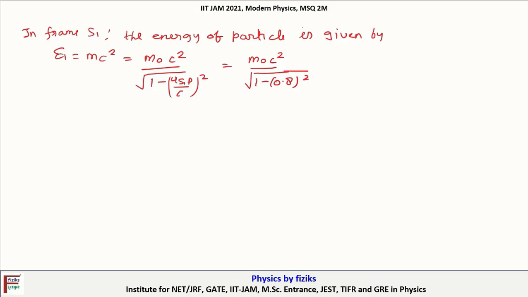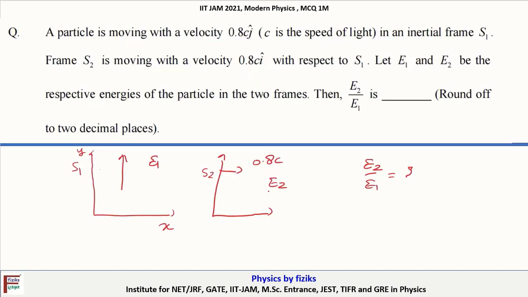Now we would have m0 c square divided by 0.6, that is 10 by 6 m0 c square, or equal to 1.67 m0 c square. In this frame, the velocity of the particle, u S1P, will always be 0.8 c.